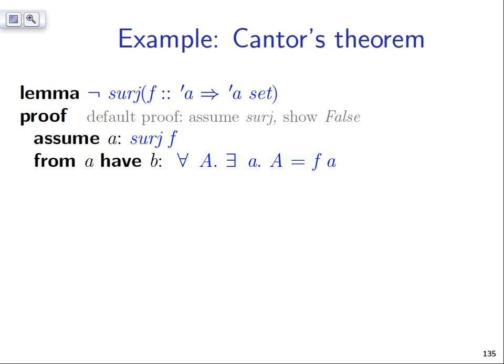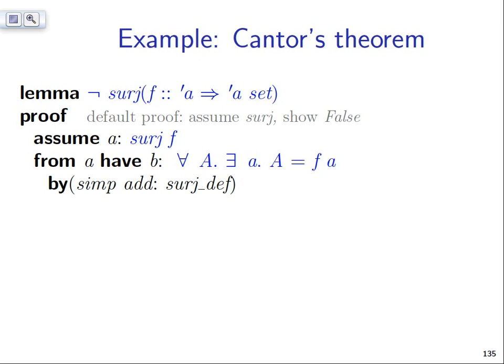From that assumption A, we have an intermediate formula B, namely that for all sets A, there exists a little a such that this big set A is the image of little a under F. That's just another way of expressing that F is surjective: everything in its range can be obtained as the image of some element of A. I've left out the types here, that A is a set and little a is of type A, because that is implicit from the fact that one is the result and the other is the argument of F. And this you can just prove by simp using the definition of surjectivity.